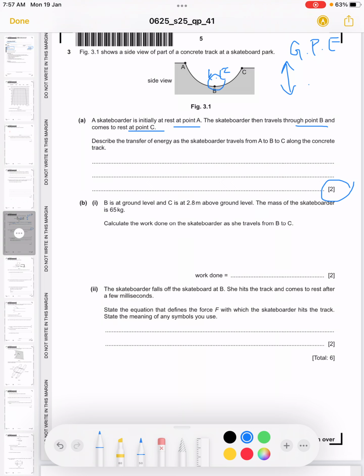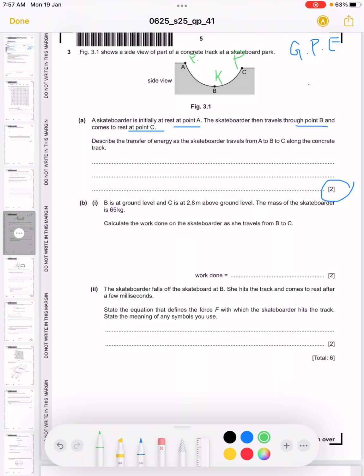Kinetic energy is due to motion and potential energy is due to position. Just recapping the knowledge. So at point A we have gravitational potential energy, at point B we have kinetic energy, and at point C again it is at some height, so again it is potential energy.